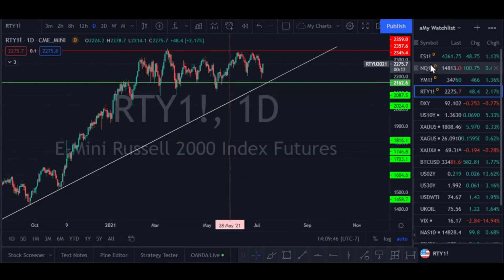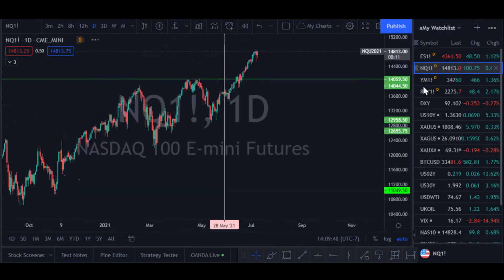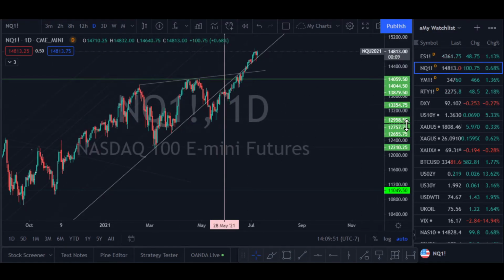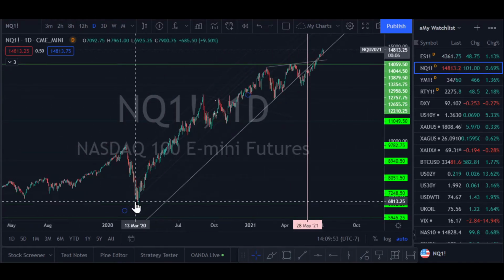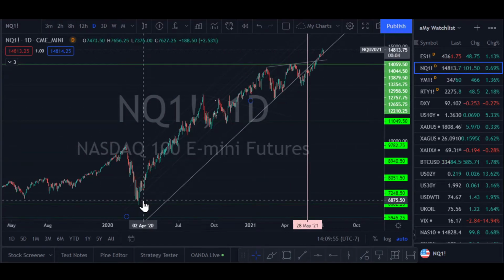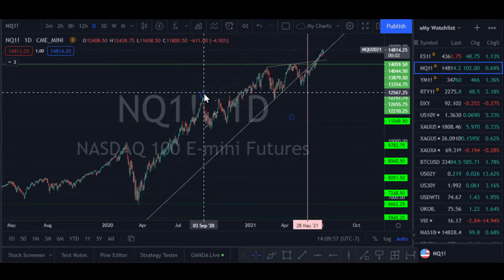Not to say that they won't still go up, but I don't think they'll perform as well in a lower yield environment, because that's really what we saw all the way from the end of March 2020 up until September, when yields started to turn.